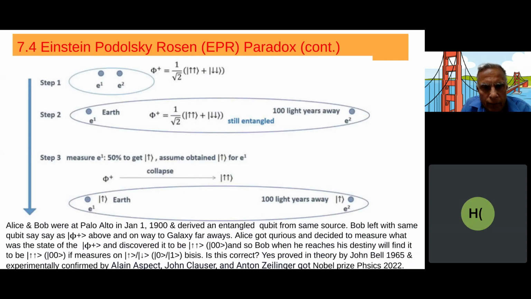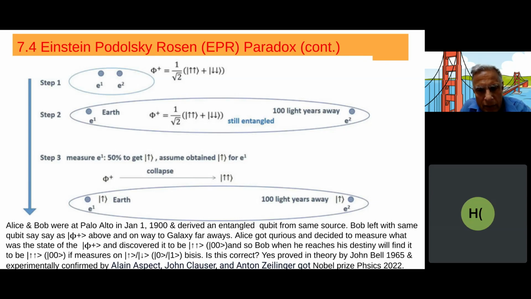Here we show that Einstein, Podolsky and Rosen, in 1935, when these things were projected, strongly objected to this spooky action. Suppose Alice sends something to Bob, both of them sourced from the same source, and Bob carries the entangled qubit, the Bell state qubit, along with him somewhere.